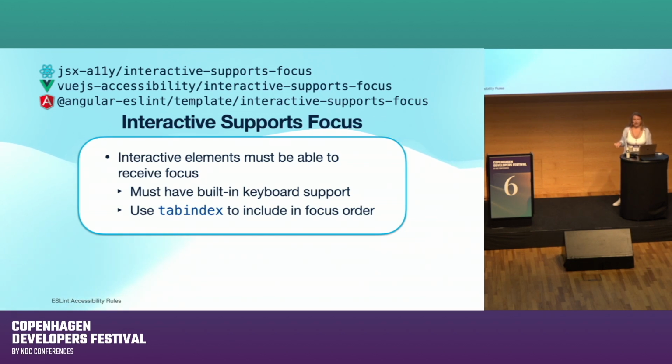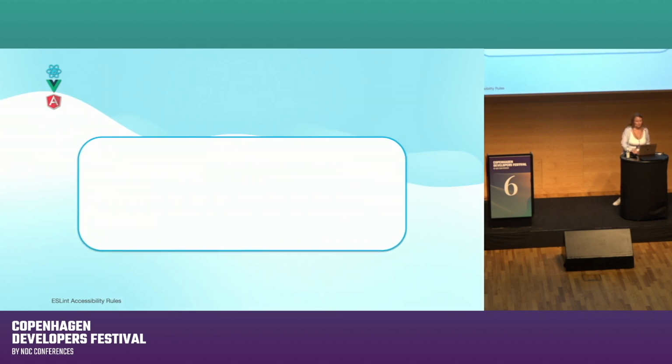If you have violations for this rule or the previous click events have key events rule, you should instead look to use your semantic HTML elements that already have built-in keyboard support. Or if you're building custom interactions, WAI-ARIA provides an authoring practices guide, which is a resource you can look up for how to build custom widgets in a conformant manner, and I will link that resource as well at the end.